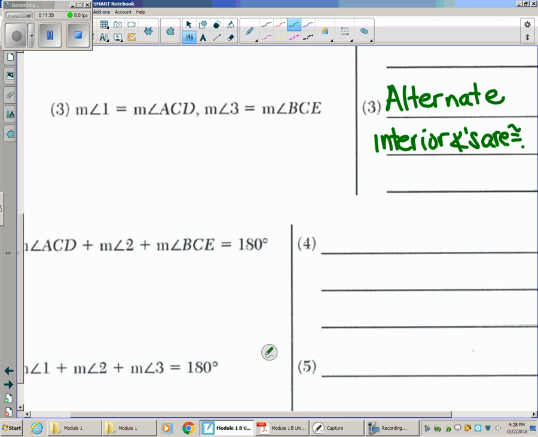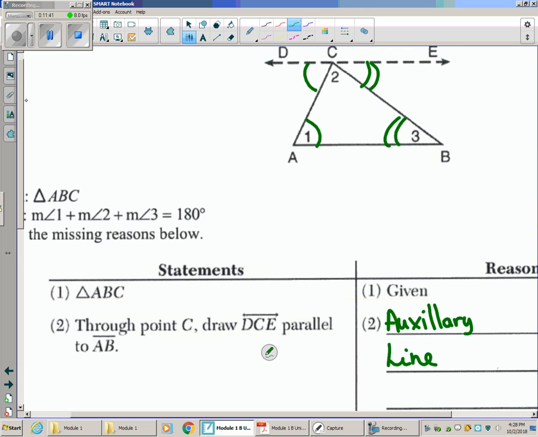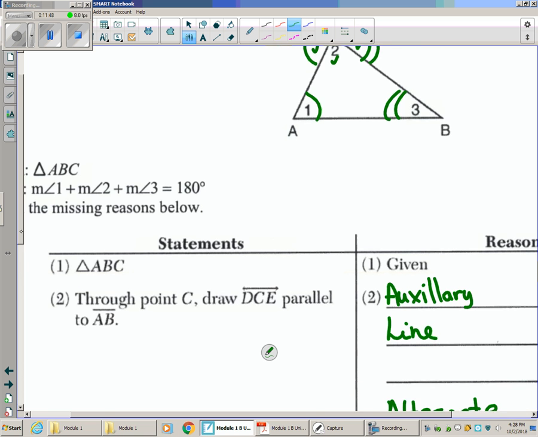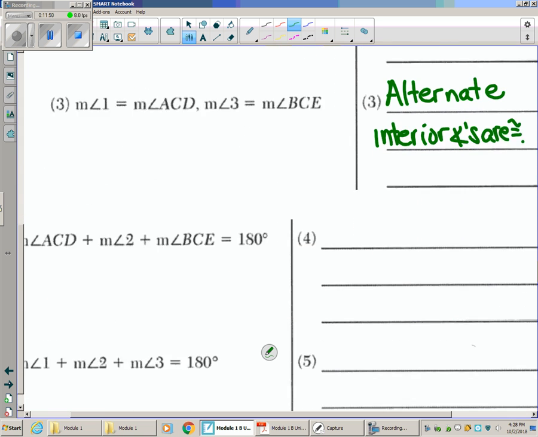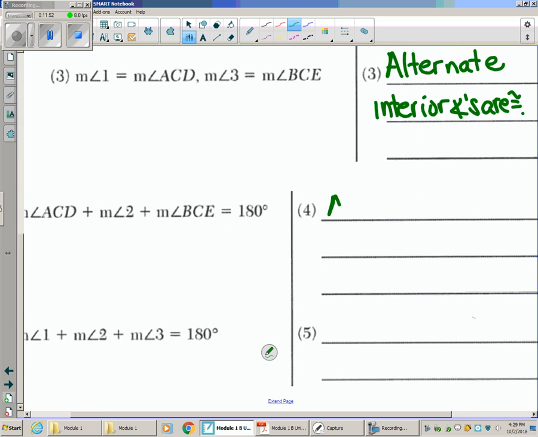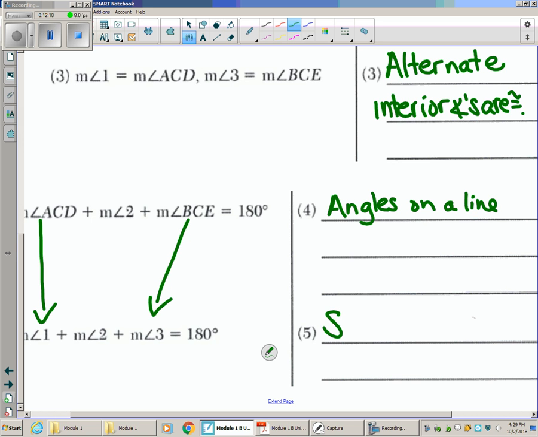Well, those angles are all these 3 angles, and they are just on a line. So the reason for that is angles on a line. And the last step, well, ACD is equal to angle 1, and BCE is equal to angle 3, so that is just a substitution.